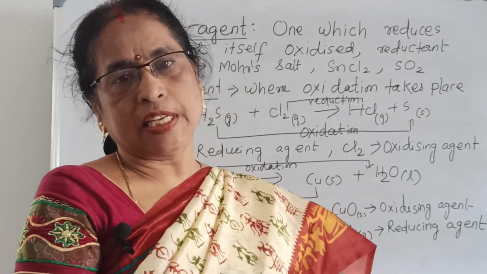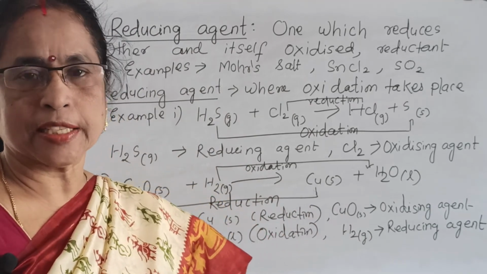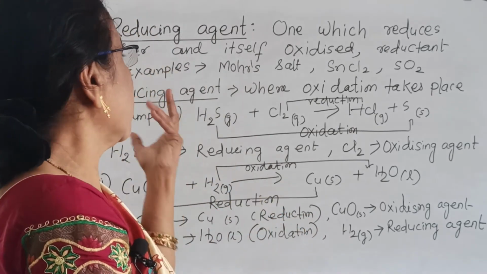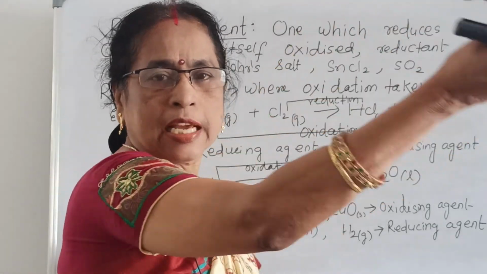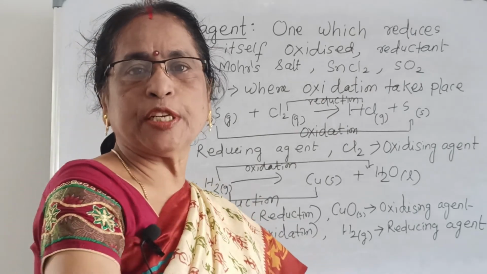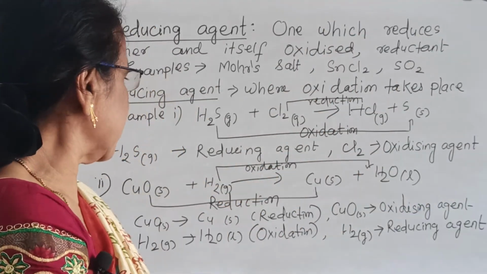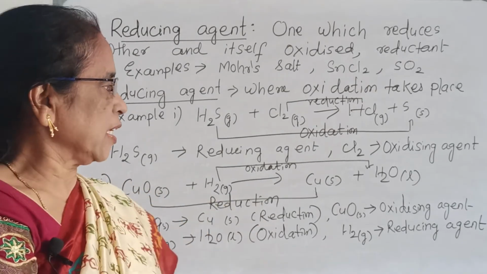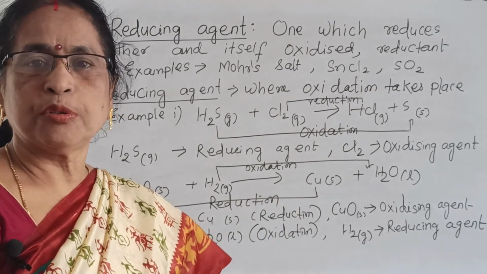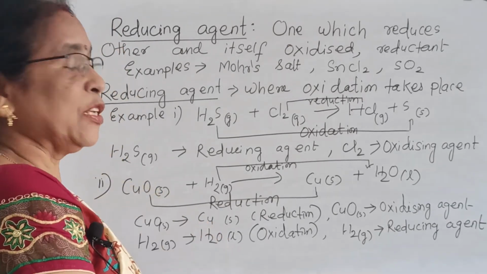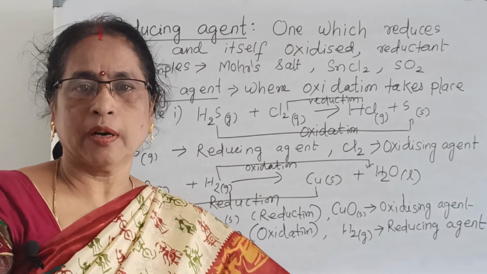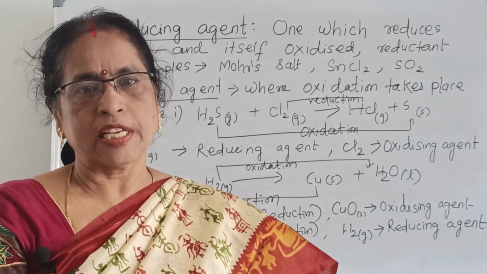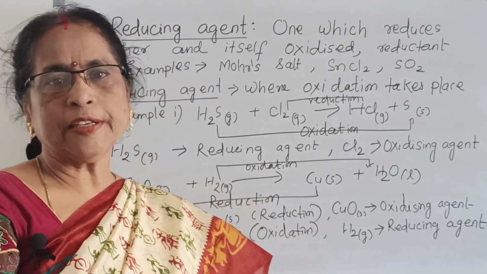One is the oxidizing agent, the other is the reducing agent. An oxidizing agent oxidizes others and itself is reduced, and a reducing agent reduces others and itself is oxidized. These are the main examples. For other examples, apply your knowledge to see which acts as the oxidizing agent and which as the reducing agent. I hope this part 1, covering oxidation, reduction, redox reaction, and oxidizing and reducing agents, is completed.